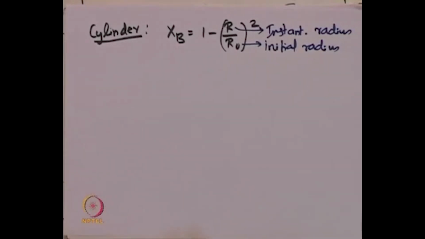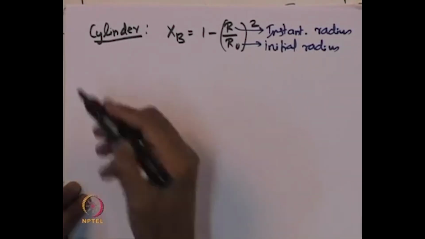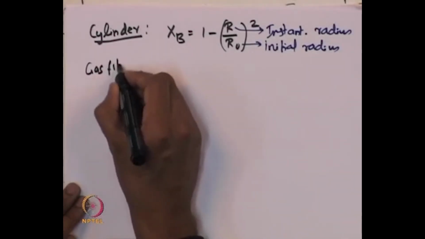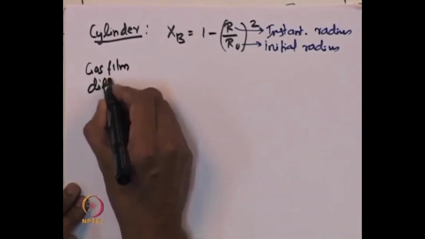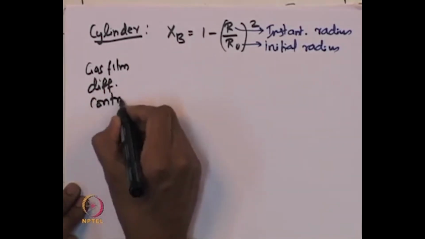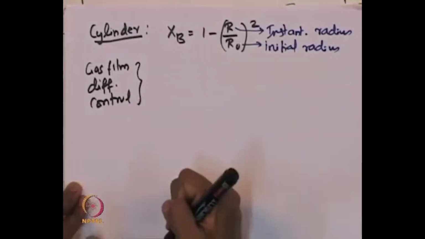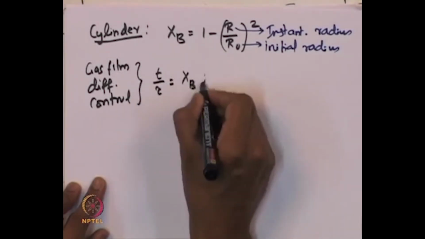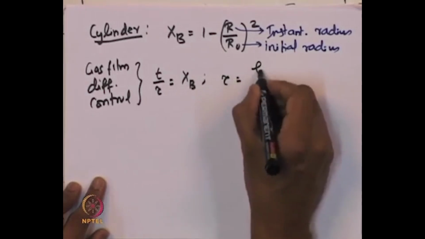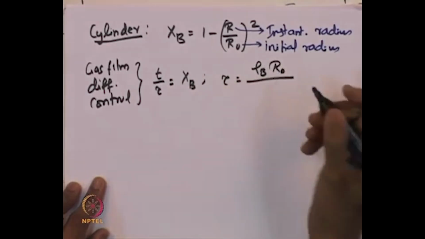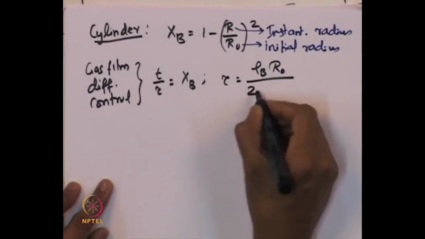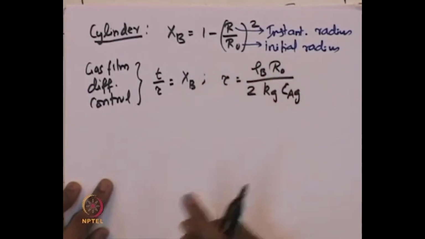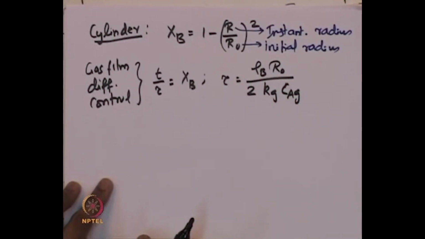With this definition, if it is gas film diffusion control, then t by tau is essentially given as Xb, and tau is equal to rho b times r naught, the initial radius, divided by 2 times kg times CAG. So, that is the time taken by the core for complete conversion.